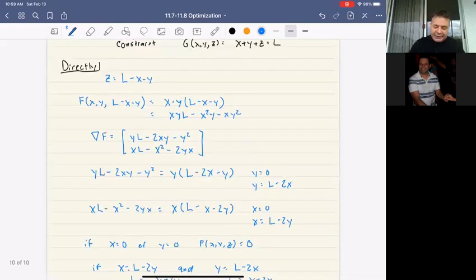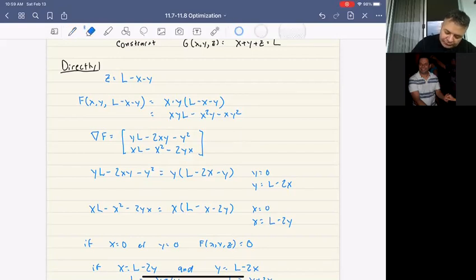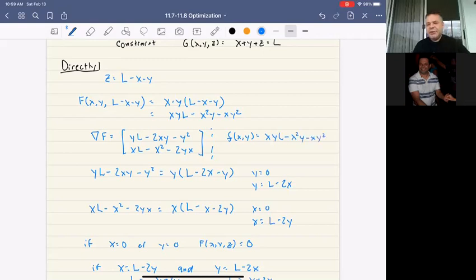Now you plug that in, that's going to be a max. You can take the second derivative matrix to find that you're going to have a max there.